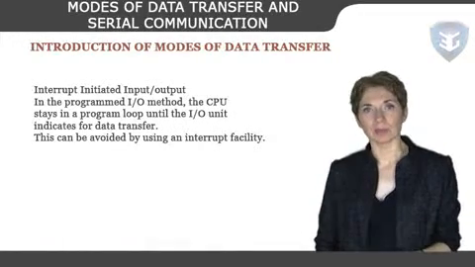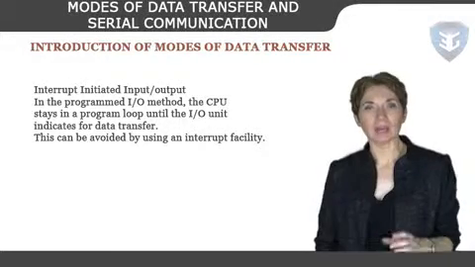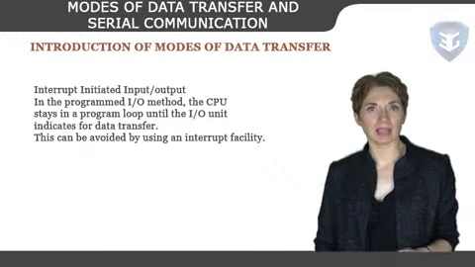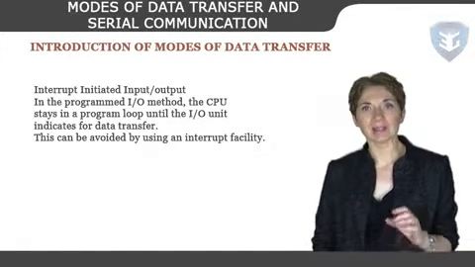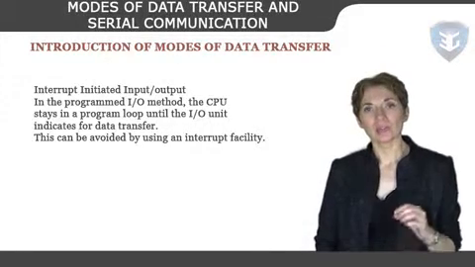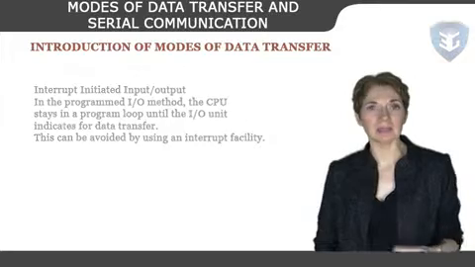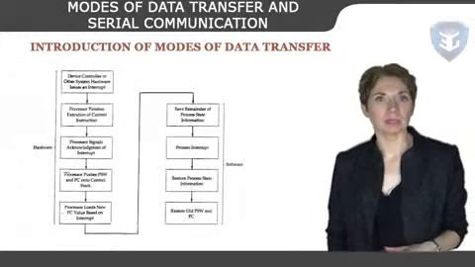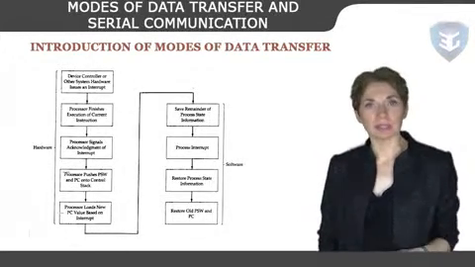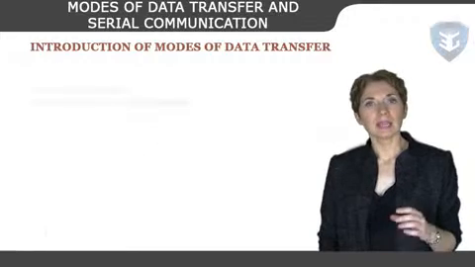Interrupt-initiated input-output. In the programmed I/O method, the CPU stays in a program loop until the I/O unit indicates for data transfer, which sometimes makes the CPU busy needlessly. This can be avoided by using an interrupt facility and special commands.